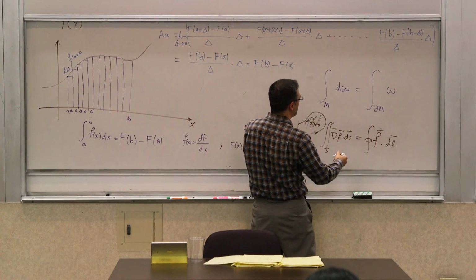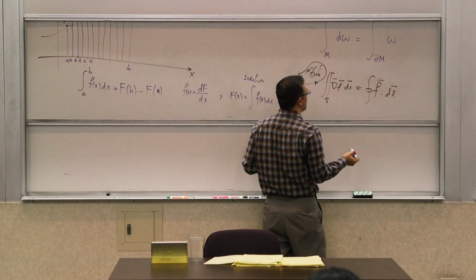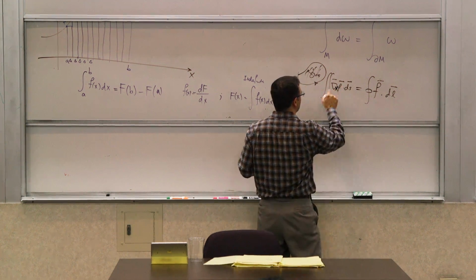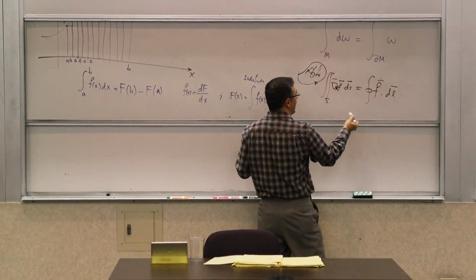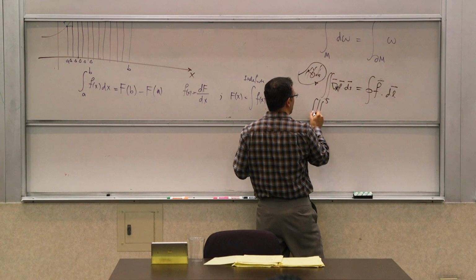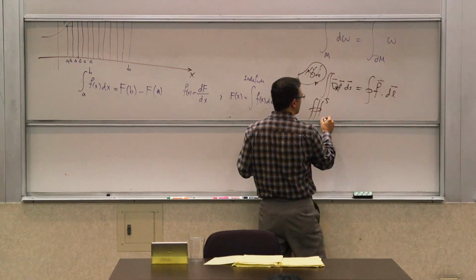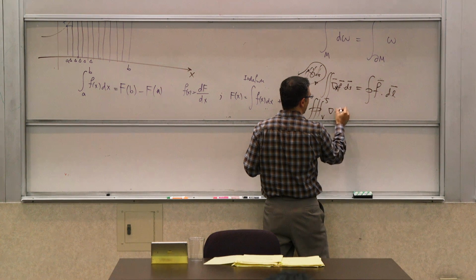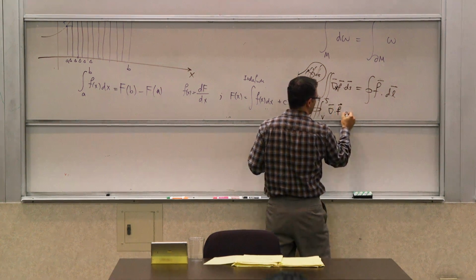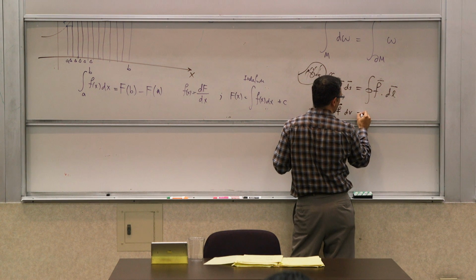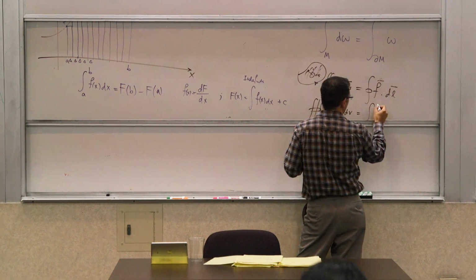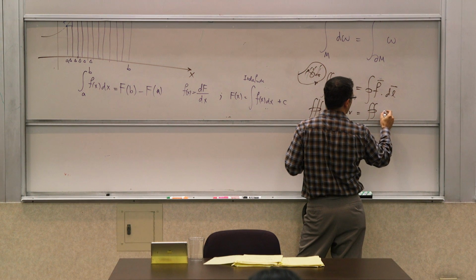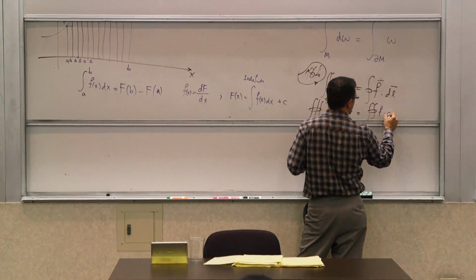Now, if you take it to the next level, you arrive at, so this is the curl. Sorry, correct that. That should be curl. Now, the next level up is the divergence theorem. It says the integral over volume of the divergence of the vector function f is equal to the double integral over the closed surface of that function f times ds.